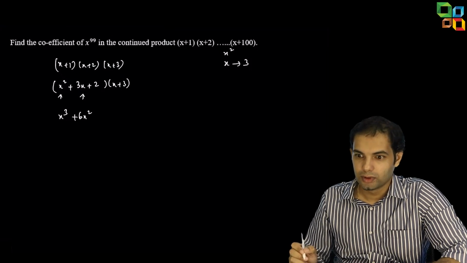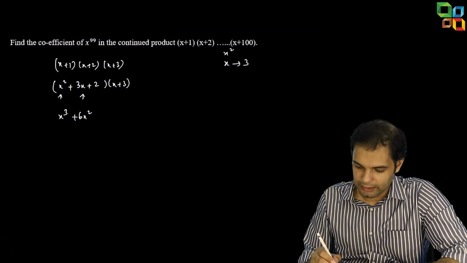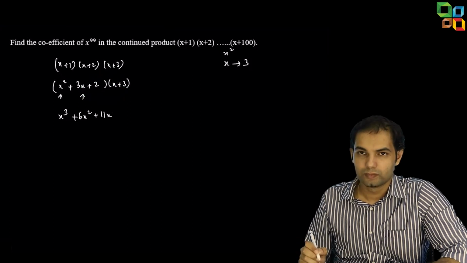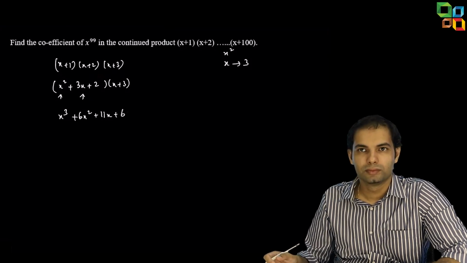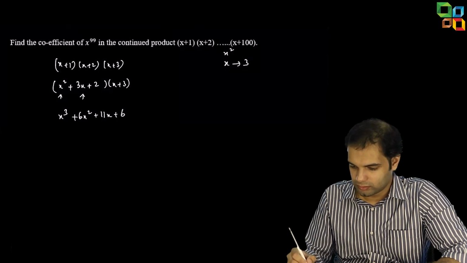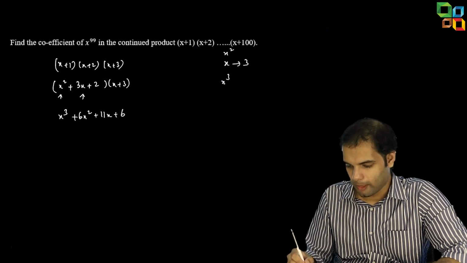Fine. Next is what? So the x term. So 3, this is 9x, 2x, this is 11x, right? Plus 6. Fine. Here I considered the coefficient of x square because it was 1 less than power 3.